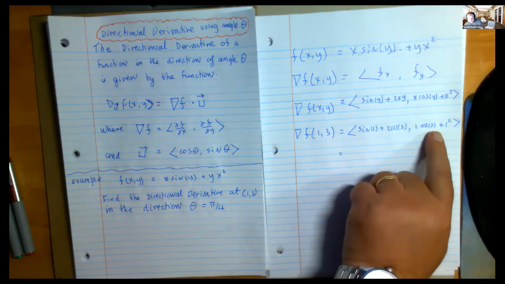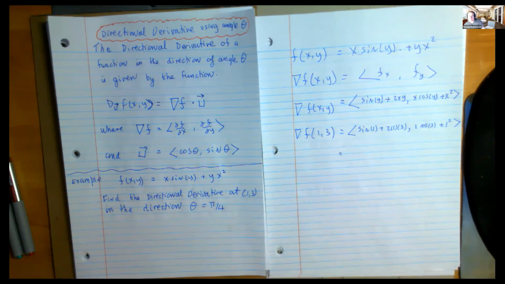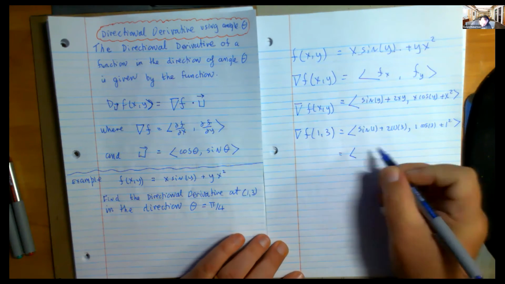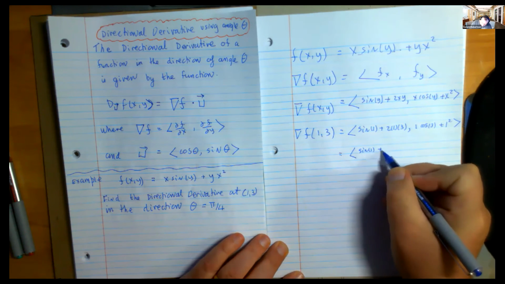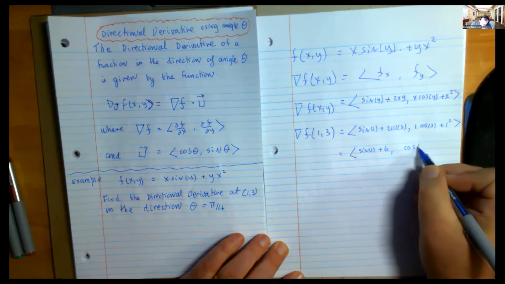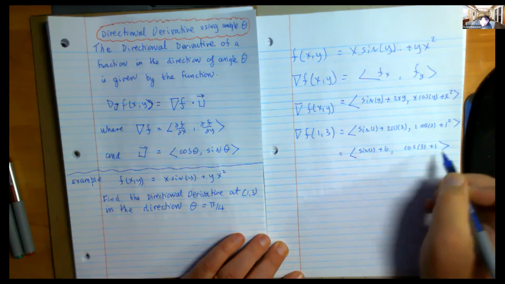Now, I know cosine of 3 and sine of 1 are not very nice things. We want exact values, and because we want exact values, we'll just live with it. This is just the sine of 1 plus 6, and this is the cosine of 3 plus 1.